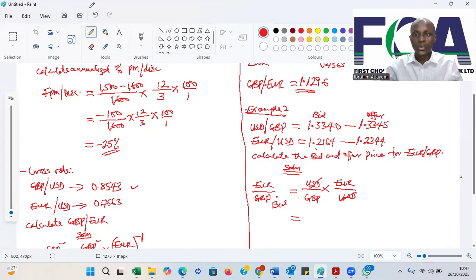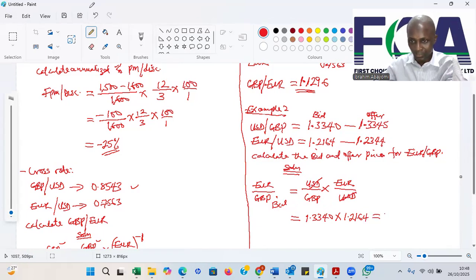I will now say, what is the bid? USD GBP is 1.3340, and then Euro USD bid is 1.2164.